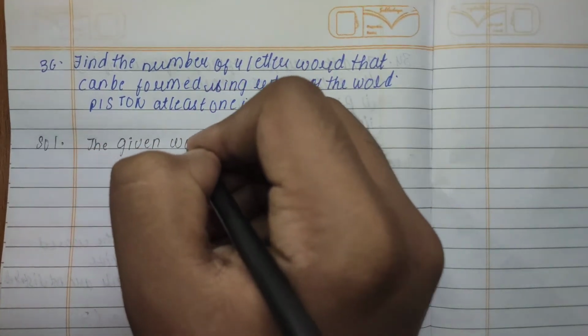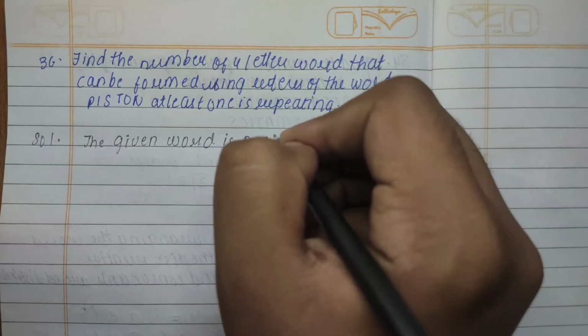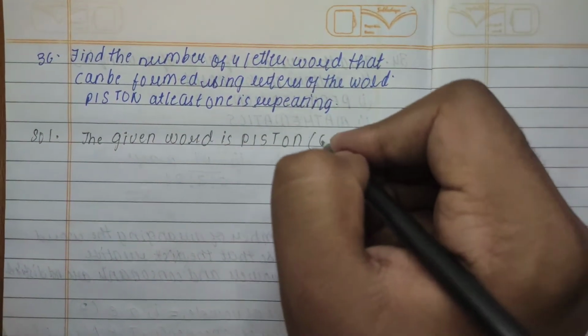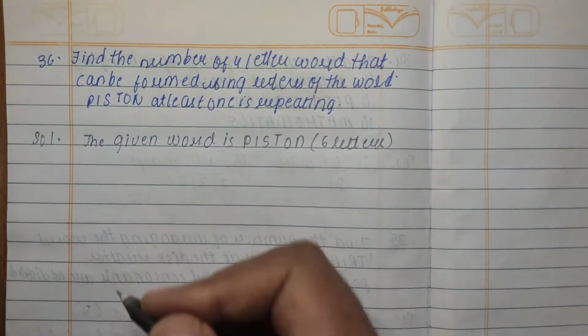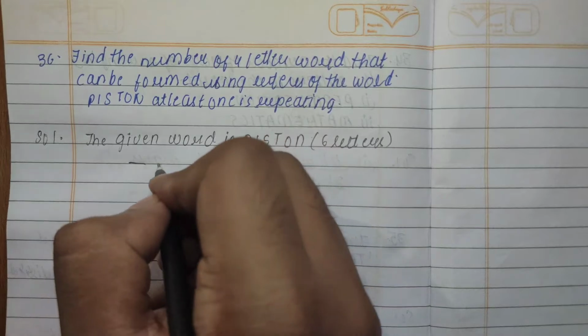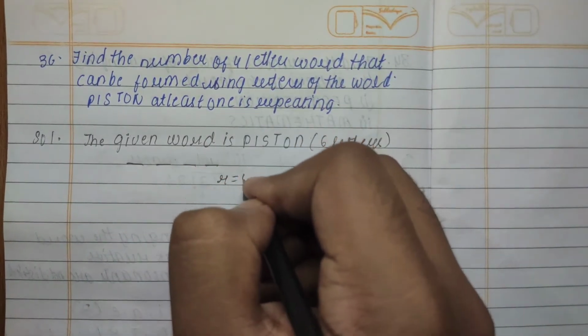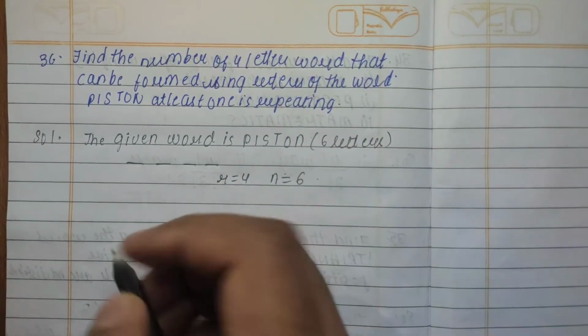Given word is piston. 6 letters. We have to form 4-letter words. So that is r equals 4 and n is 6.